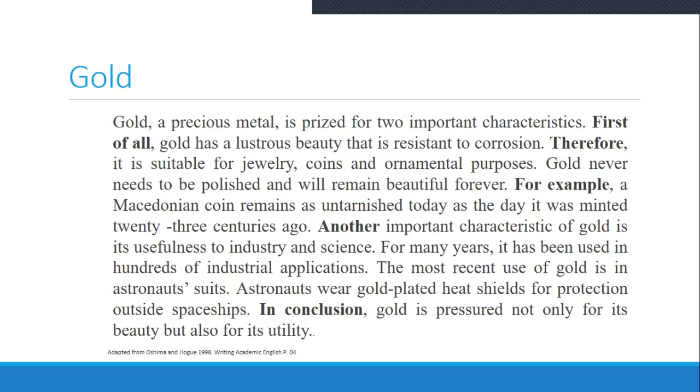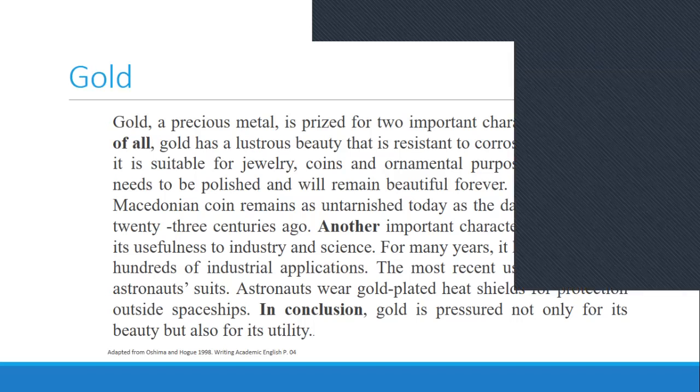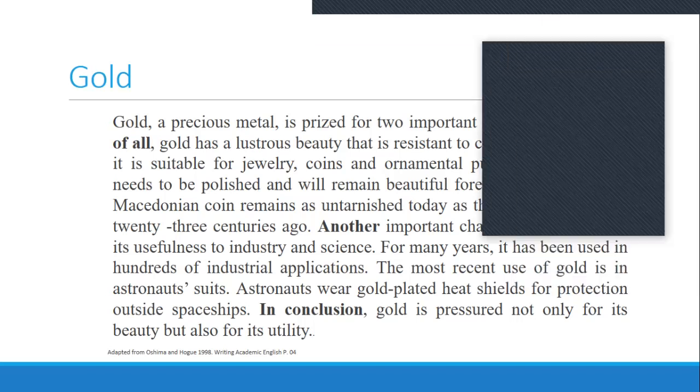What has been done in this concluding sentence? Yes? Has the topic sentence been restated, or have the main points been mentioned? Yes, it has given the important points, right?